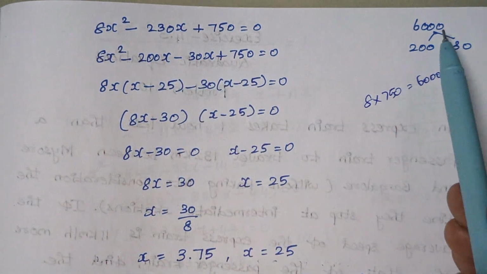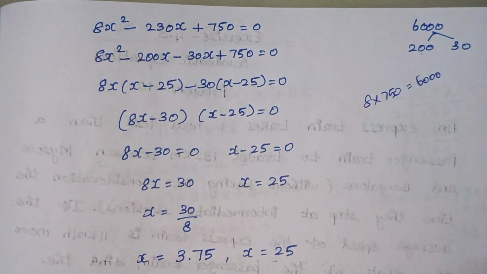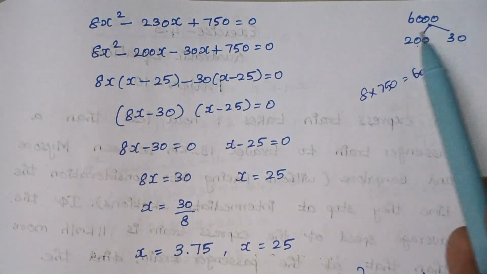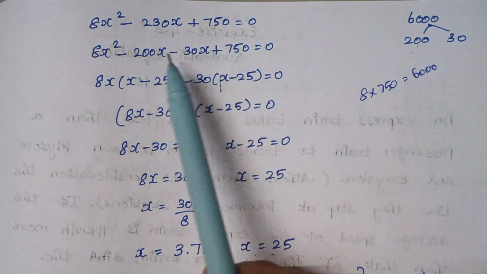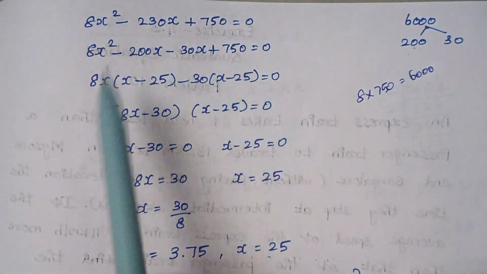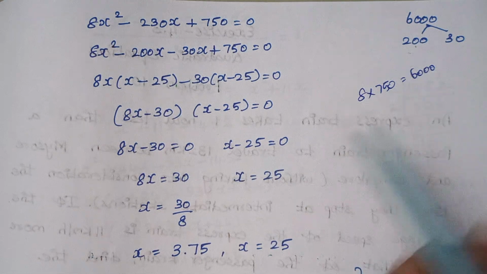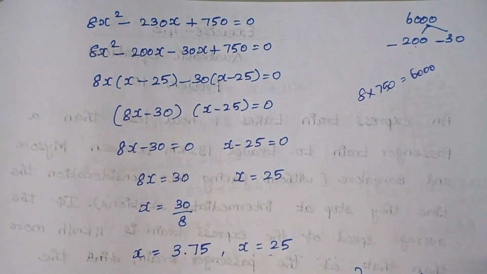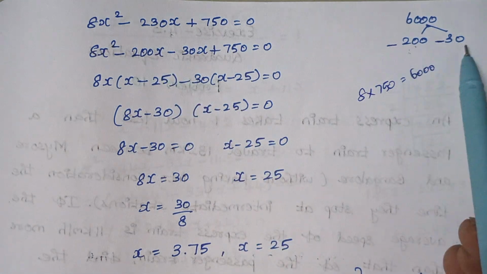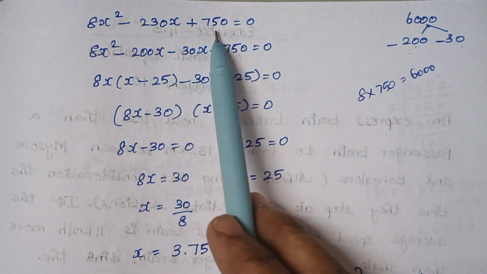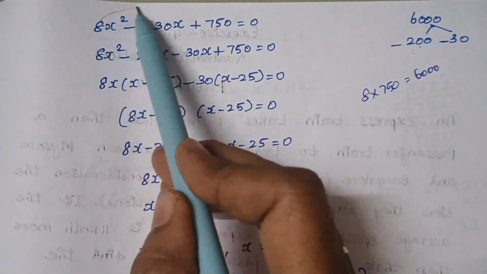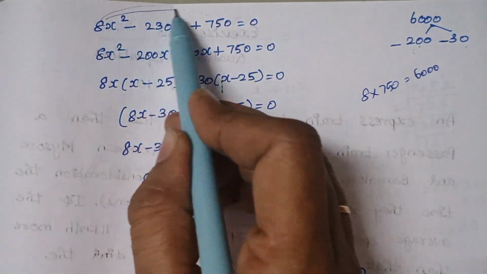So here I factorize this 6000 as 200 and 30. So 200 into 30 is 6000 and 200 plus 30 gives you 230. So since we have a minus 230, I am assigning a minus sign for both these numbers. So again, minus 200 into minus 30 gives you plus 6000, right? Because that is the coefficient of x square times the constant, so 8 into 750 should be considered.